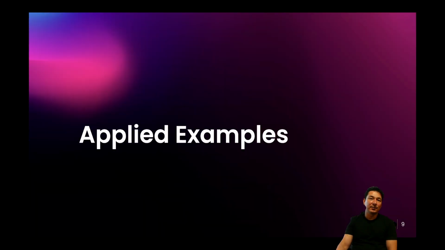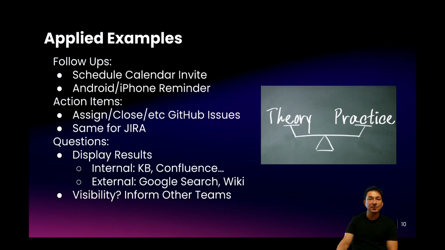Now let's talk about how we can apply these features to a specific real-world example. Some applied examples for follow-ups could include scheduling a calendar invite in Google, Outlook, or Apple, or it could be setting up a reminder in your Android or iPhone. Action items are perfectly suited for automation. These are things like assigning, closing, or reopening GitHub issues or Jira tickets. Questions offer the opportunity to attempt to find an answer before moving on to your next topic.